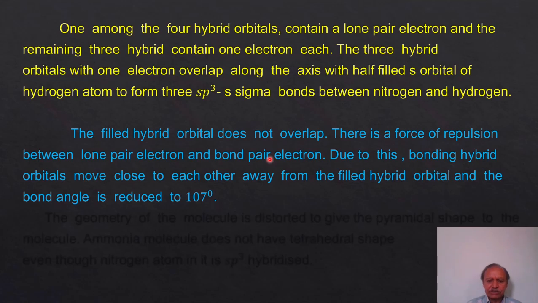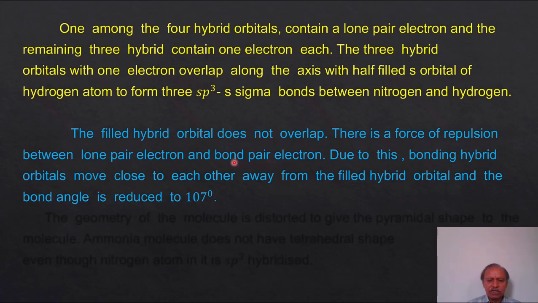Nitrogen's sp3 hybrid orbital containing 1 electron and hydrogen's s orbital containing 1 electron are shared, and that pair is called the bond pair. Since 3 bonds are formed, 3 bond pairs of electrons are present, so there will be repulsion between the lone pair electrons and the bond pair electrons.